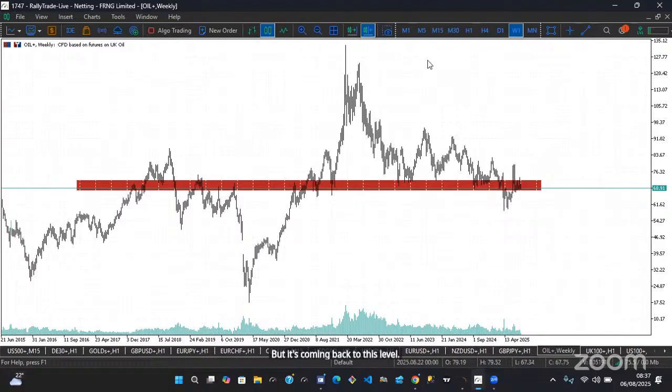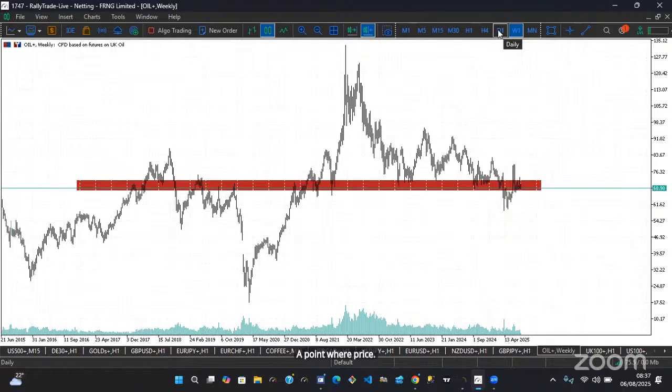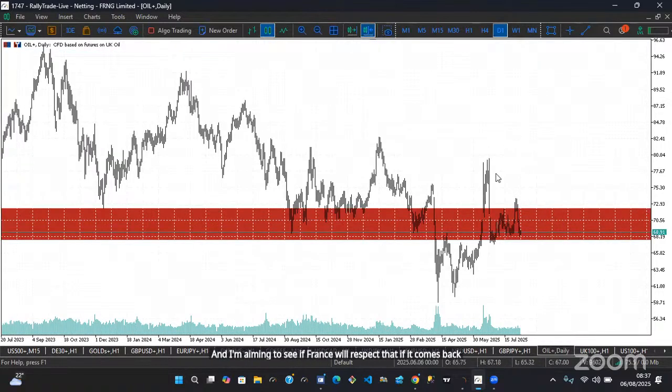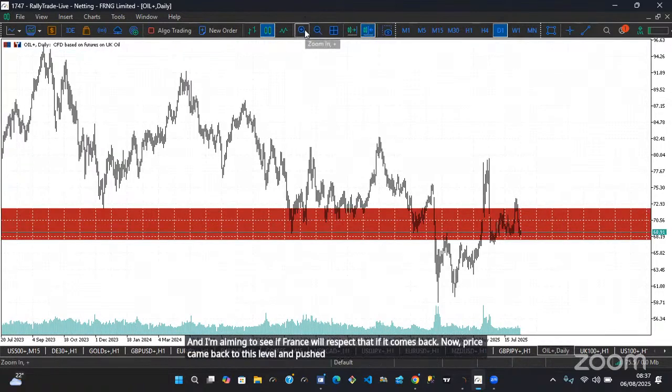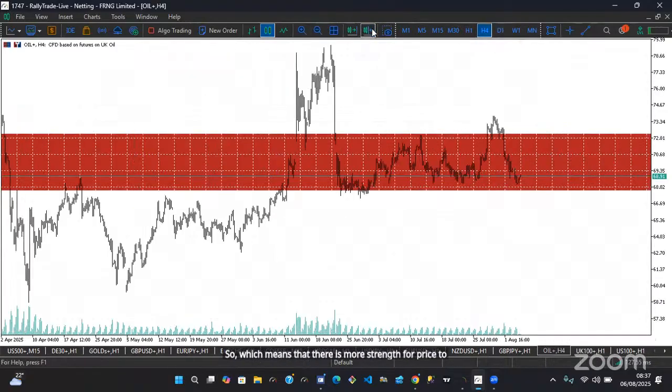You need to know what you are looking out for. I'm looking out for a point where price has tested a couple of times, breakout, and I'm aiming to see if price will respect that level, it comes back. Now, price came back to this level and pushed inside, isn't it? So which means that there is more strength for price to go back to the upside.